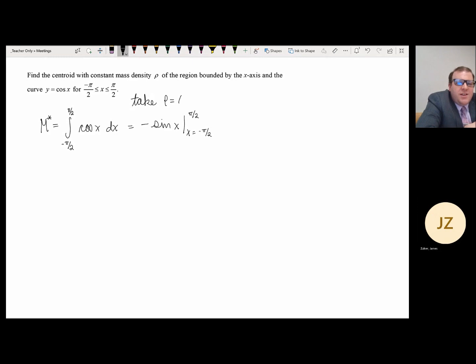Antiderivative cosine, negative sine. Sine of pi over 2. Wait, I made a mistake. Derivative of cosine is negative sine. Antiderivative is positive sine. Sine of pi over 2, minus sine of negative pi over 2.